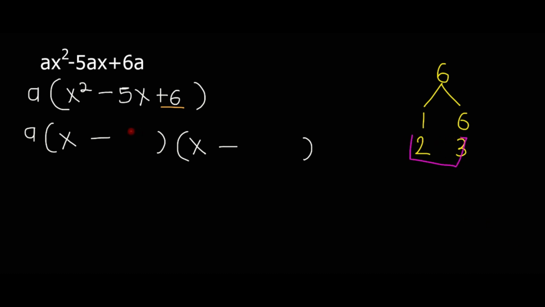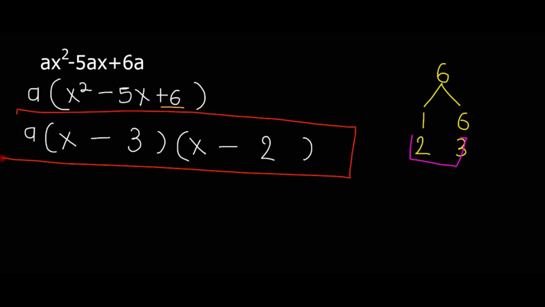This means we'll have 3 here, and then we'll have 2 here, because negative 3 times negative 2 gives positive 6, and then minus 3 minus 2 gives minus 5. So this means this is our answer. And so that's it for this tutorial.